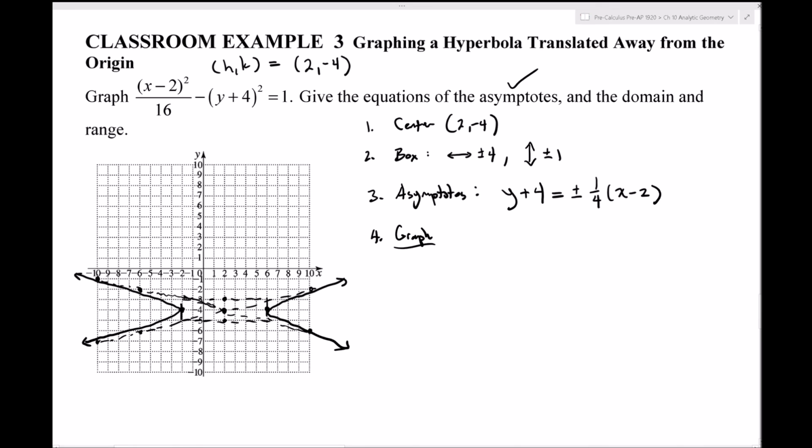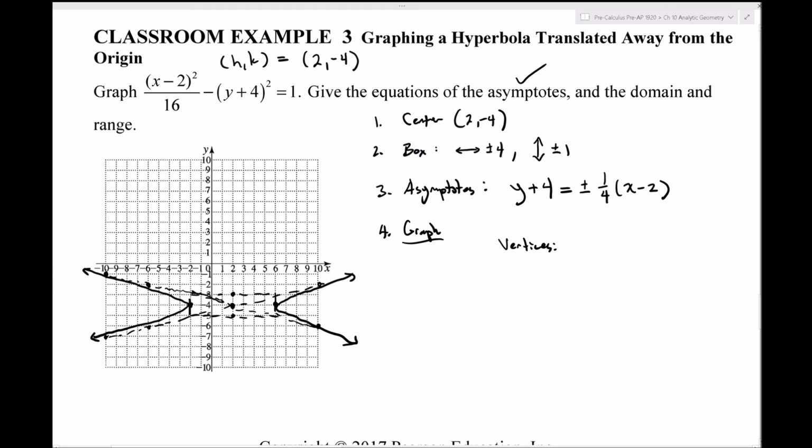They could have asked for the vertices, they could have asked for the foci, but they did not, which I'm going to go ahead and give anyway. They didn't ask for them, but you need this for your homework or for the test. Vertices are left and right from the center, which has a y-coordinate of -4. I see that one of them's at -2, the other one's at +6.